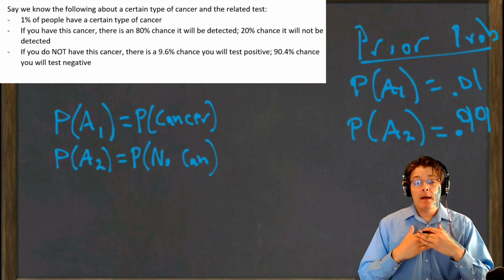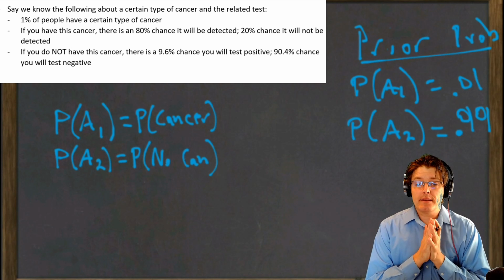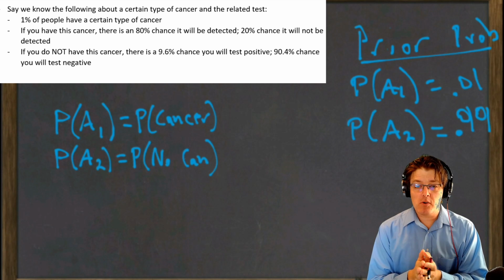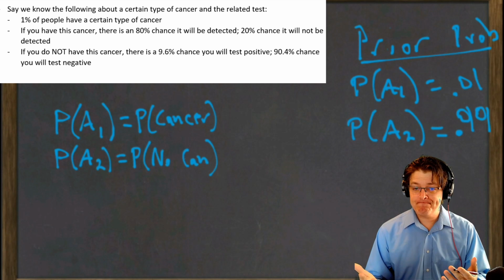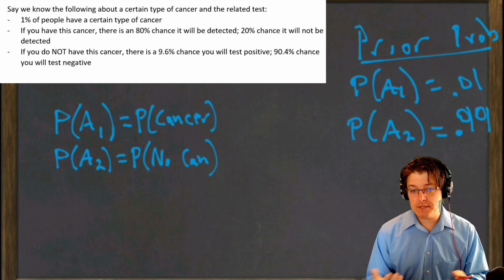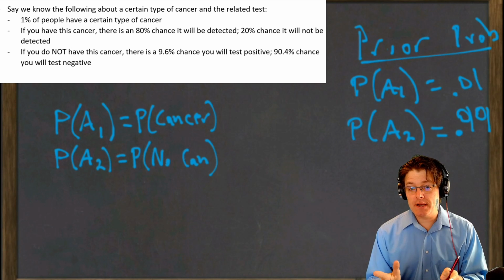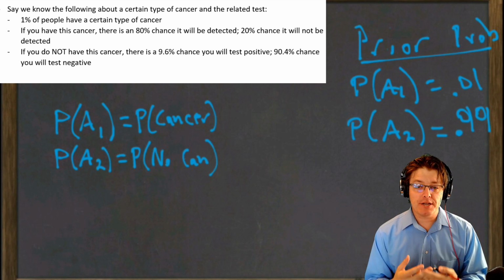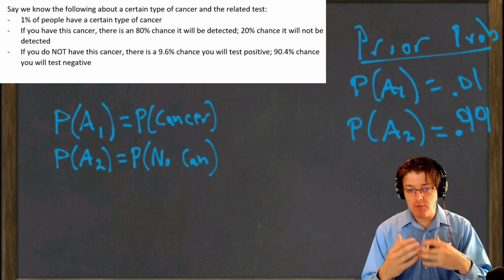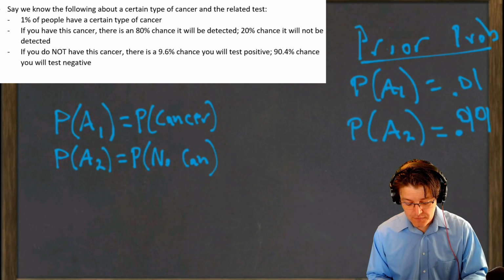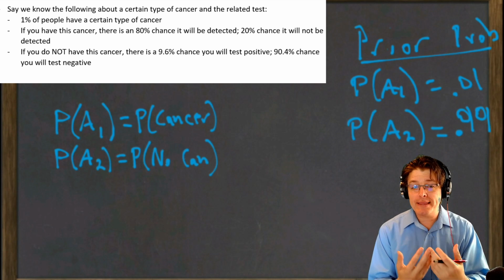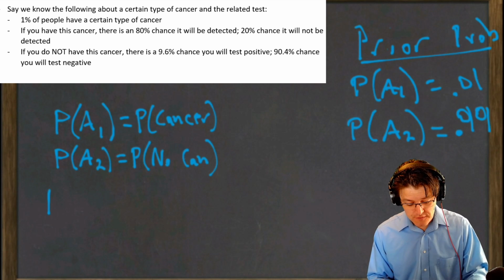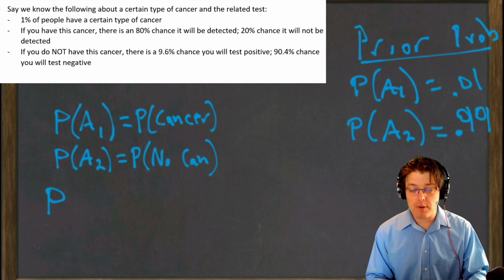Okay, but you might go in and take the test and you get the phone call from your doctor and it says you tested positive for the cancer. Obviously it should be a scary phone call, and it is, but what is the actual probability that you have cancer, given that you've tested positive, right? And so we know how to write this out just from our discussion of conditional probabilities.